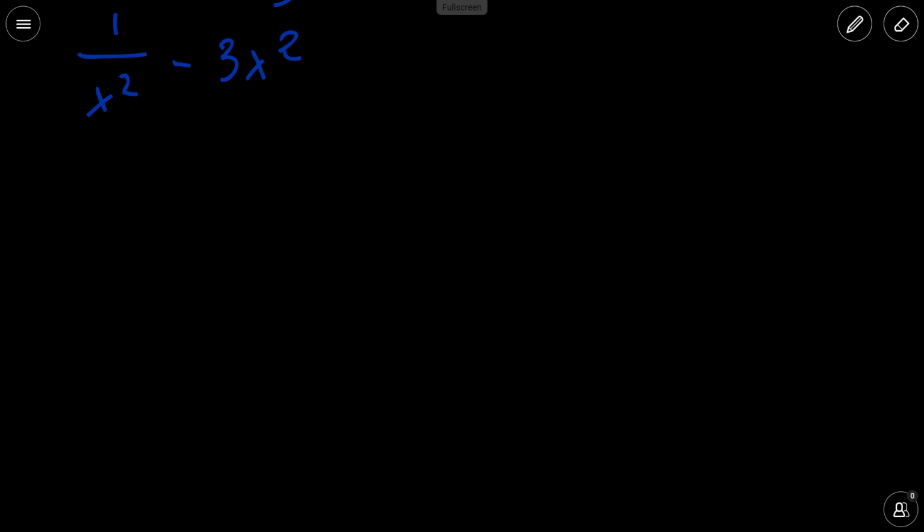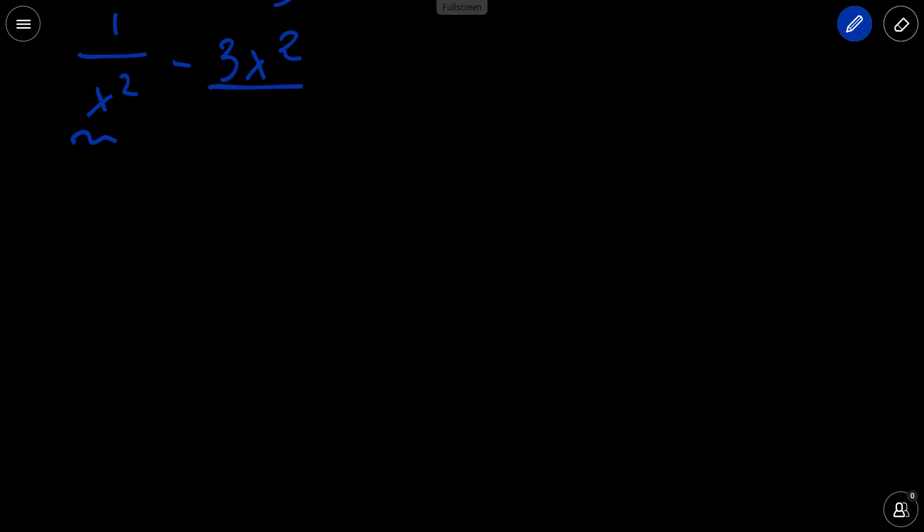After we've done that, we are left with this expression. Next step is we have two terms, and one of them is this funny looking fraction here, 1 over x squared, and the other one is 3x squared. We want to find the common denominator, so the number at the bottom.